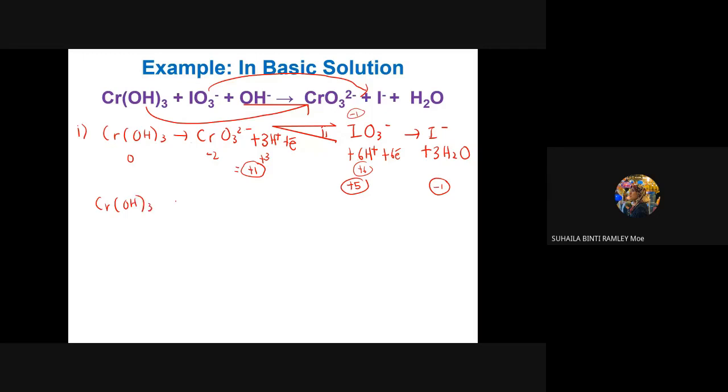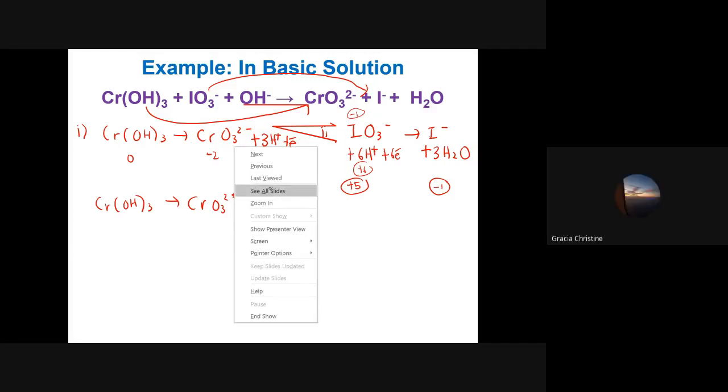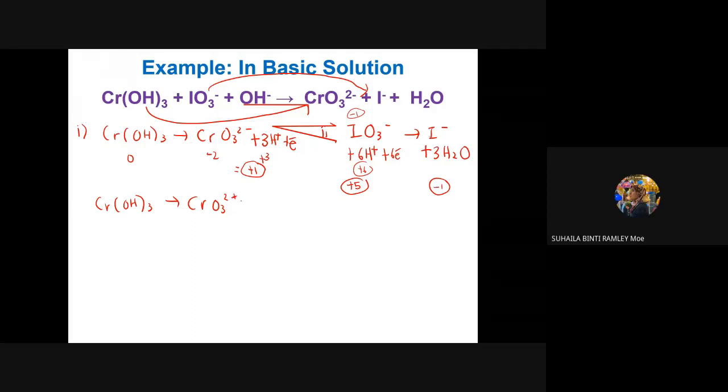Cr(OH)3 produces CrO3 2 minus plus 3H plus plus electron. And IO3 minus plus 6H plus plus 6 electrons produce I minus plus 3H2O.